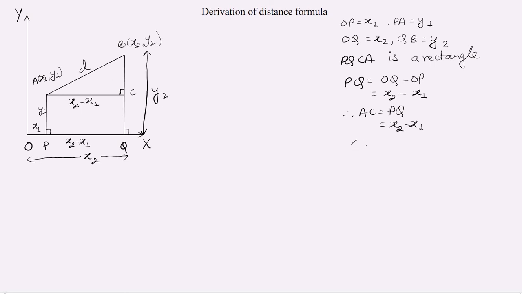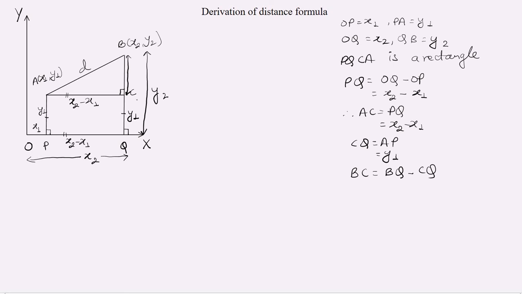Likewise, CQ is equal to AP or PA. Its measurement is y1. This side is equal to this side. What will be the measurement of BC? BC equals BQ minus CQ.